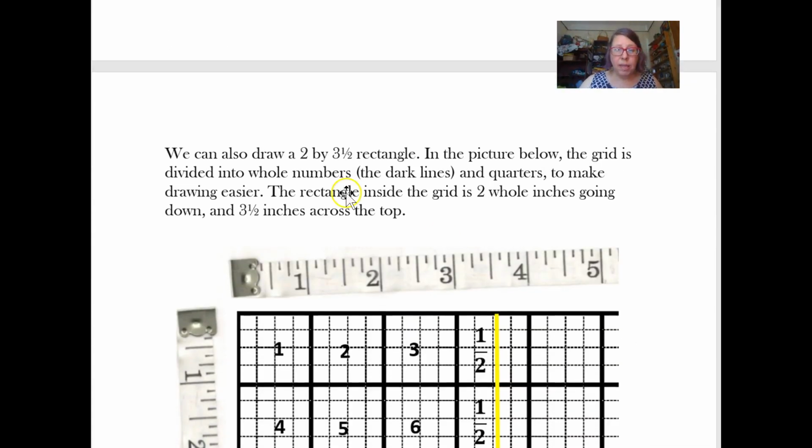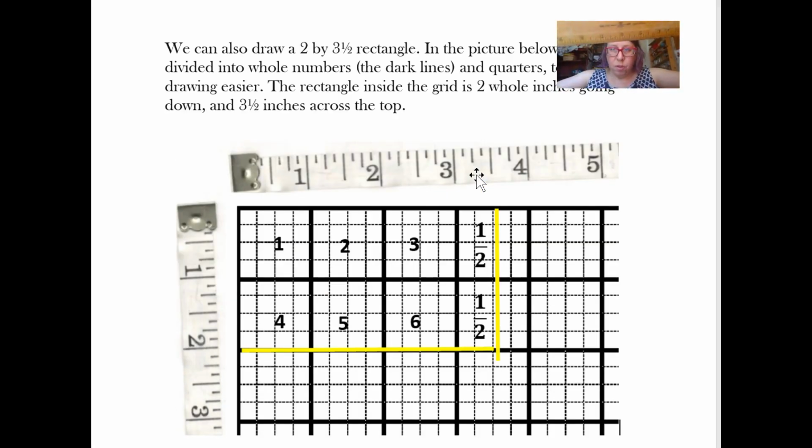So you'll notice that I pasted in a little tape measure here, just like this ruler. So I've got my ruler here, and this is the same as the tape measure, right? So I'm going straight along the ruler. I'm not going straight and then down, right?